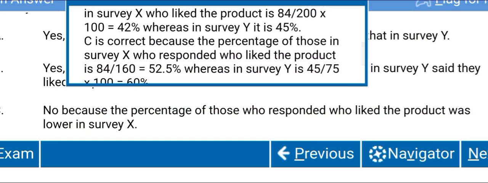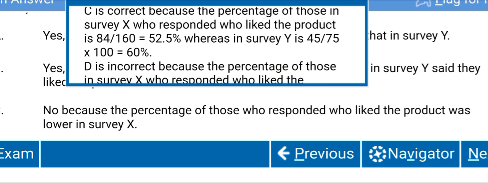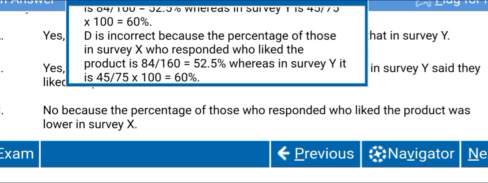C is correct, because the percent of those in survey X who responded who liked the product is 84 by 160, which equals 52.5%, whereas in survey Y it is 45 by 75 multiplied by 100, which equals 60%.